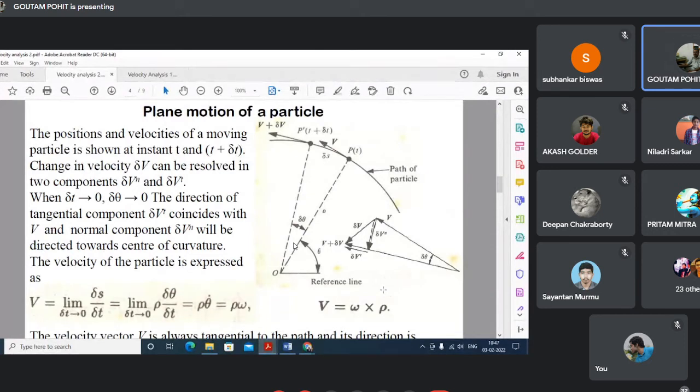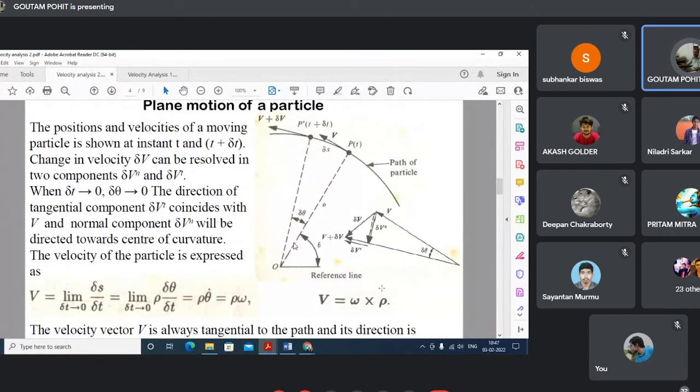Now, how do we find the velocity v? If this is delta s, then delta s by delta t with the limit delta t tends to 0 gives the velocity v. So what is delta s? s is nothing but rho into delta theta.